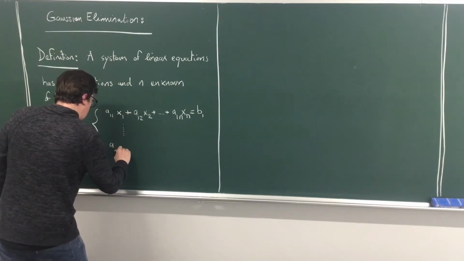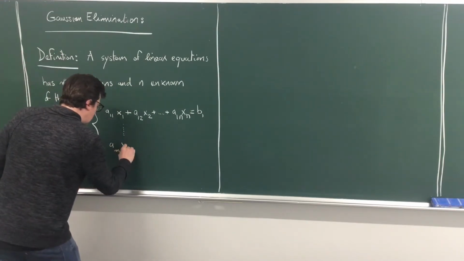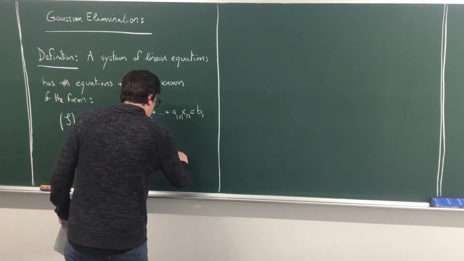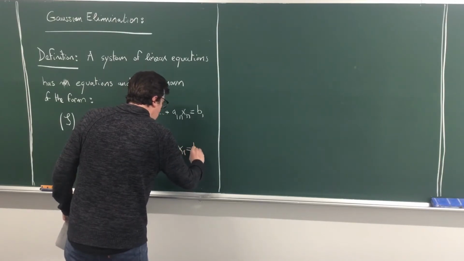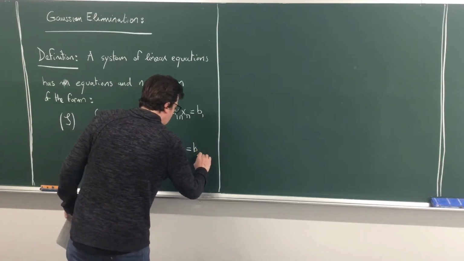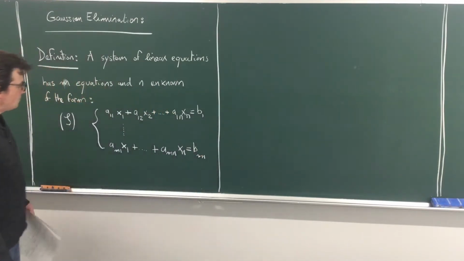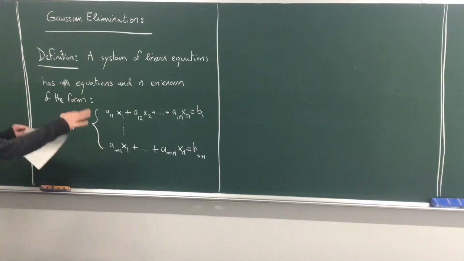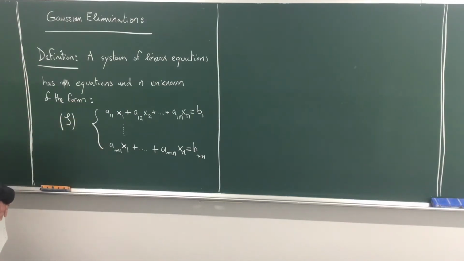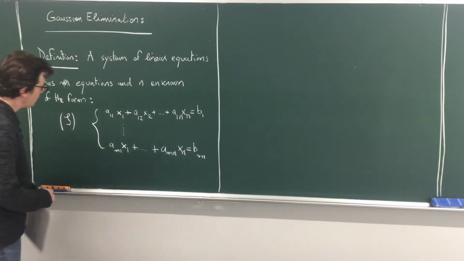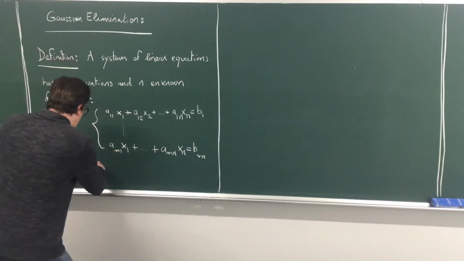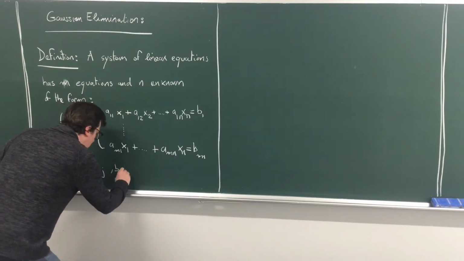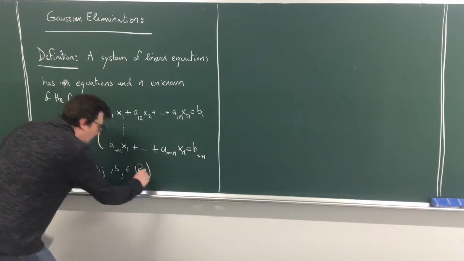So we start with am1 x1 plus ... amn xn equal. So how many equations do I have? I have m equations, so bm. Okay, so this is a system of m linear equations in the variables xi. So here the aij and the bj are all real numbers.